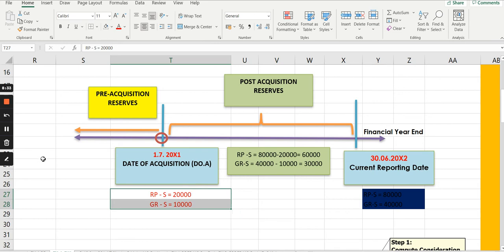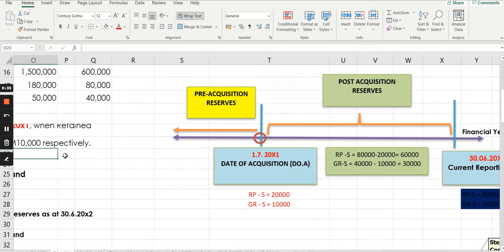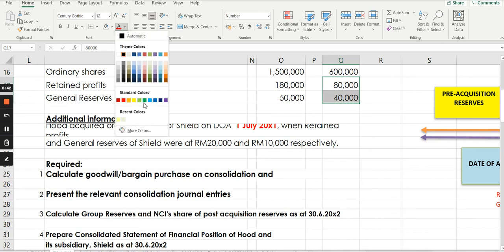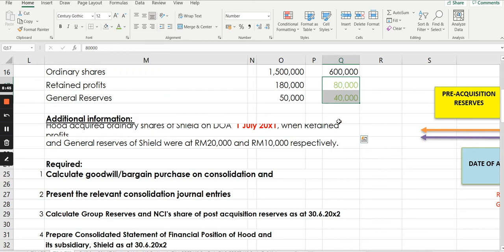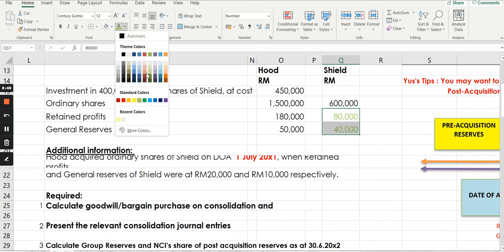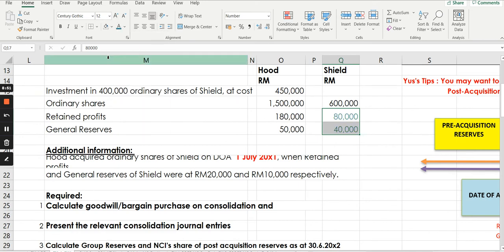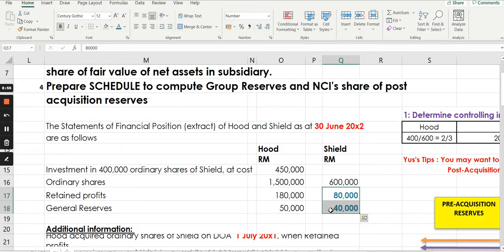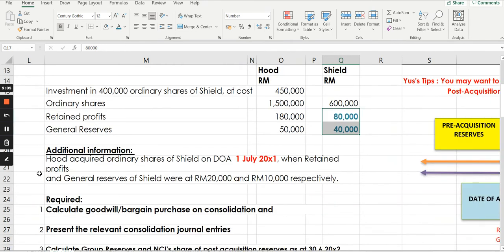And then you have another piece of information in the statement of financial position, under the subsidiary column. The 80,000 and 40,000 is the reserve that you have after a year. Why after a year? You acquired on 1st of July 2000x1.